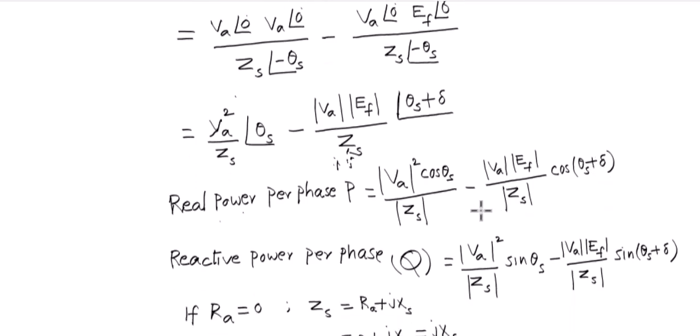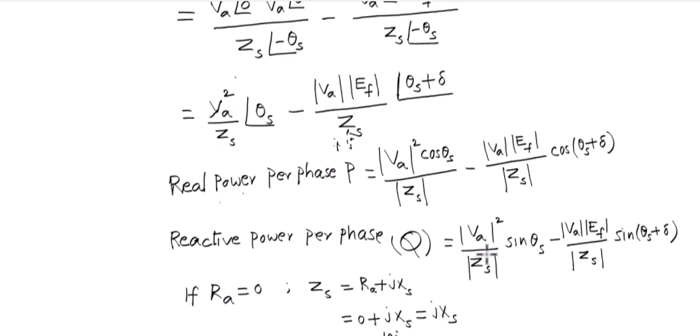Similarly, the reactive power component from the complex power can be written as Q is equal to Va square divided by Zs sin theta s minus Va Ef divided by Zs sin of delta plus theta s.